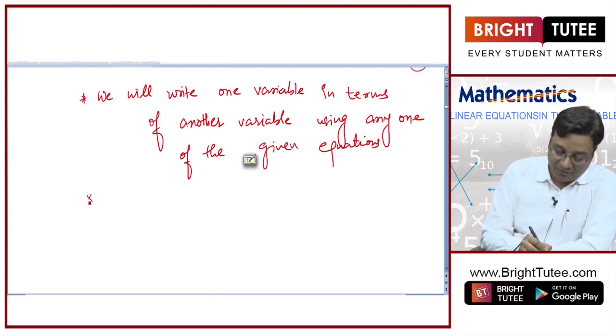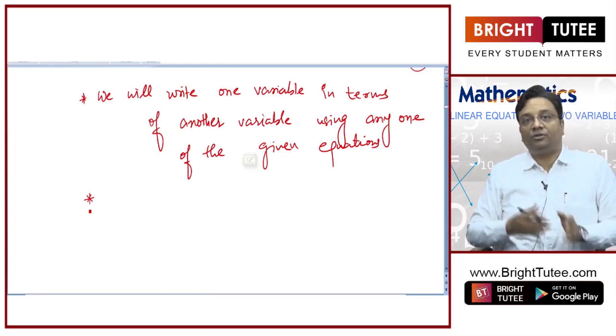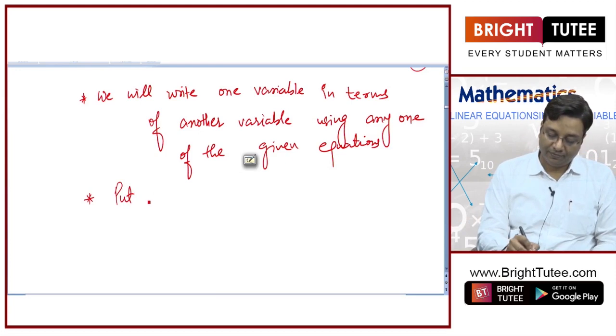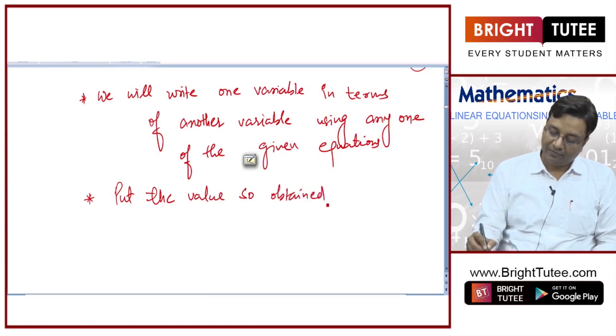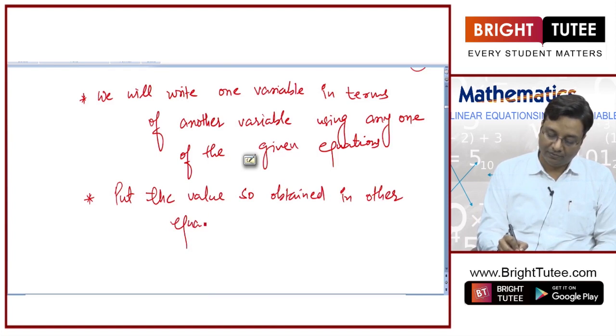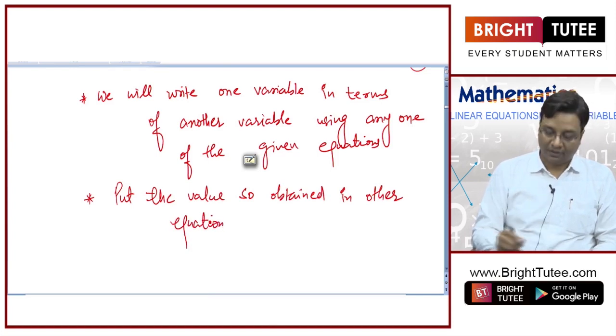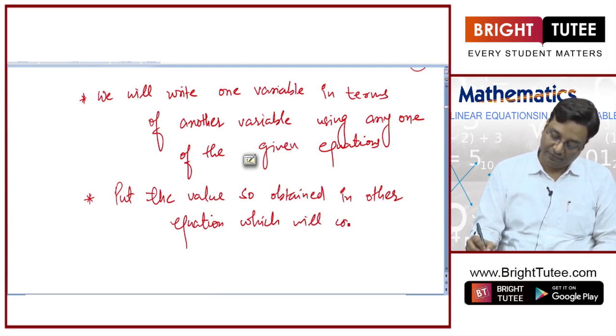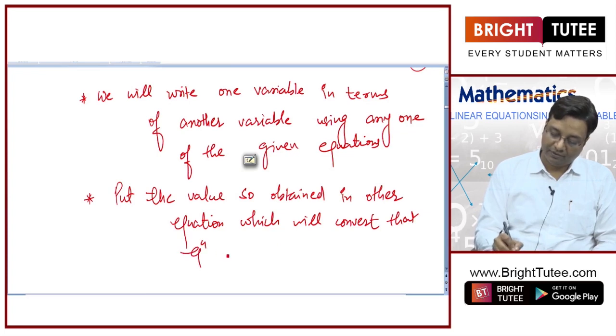Okay, and once you obtain one variable in terms of another variable, then you put the value so obtained in other equation, which will convert that equation into one variable equation.